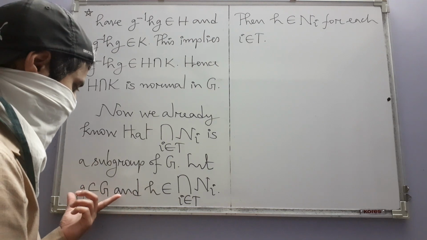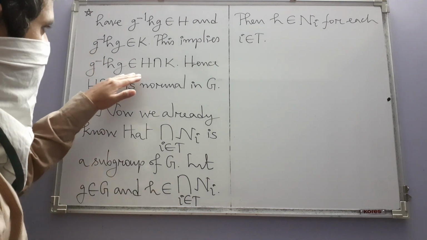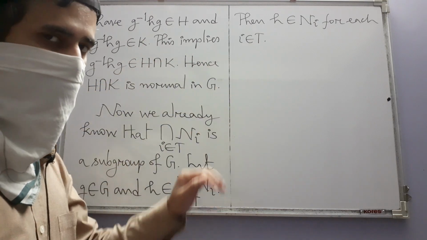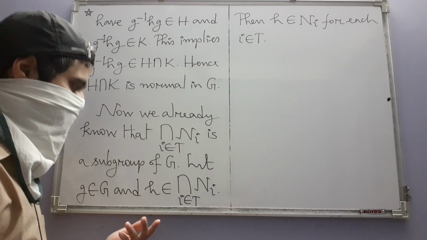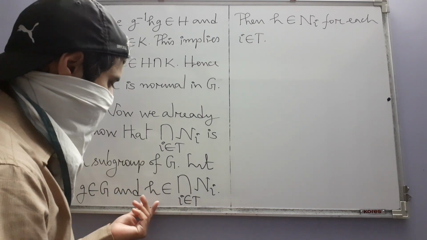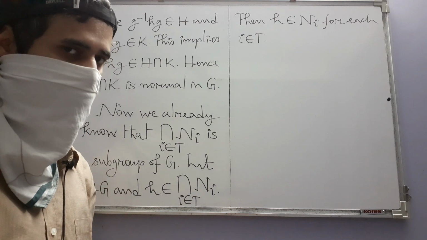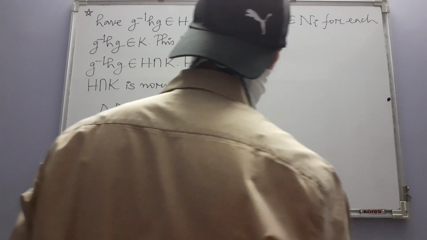Although actually nothing is wrong in using the same symbol, because the job of that g and that h is over. These symbols represent arbitrary elements of these sets, so they can just be treated as variables. You can give any name to a variable.